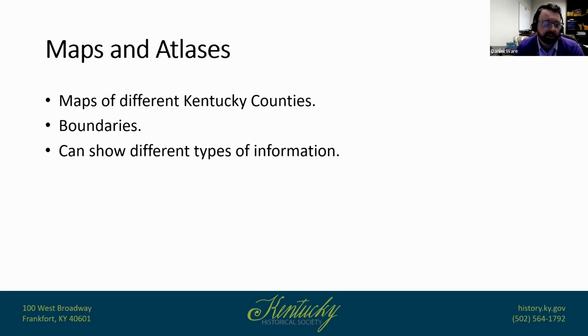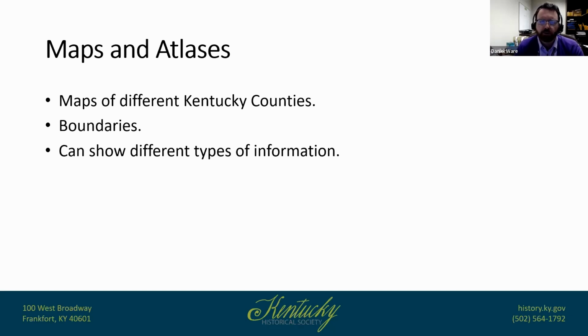And you can also find things such as, I think it's a Henry County and Shelby County atlas, and it will show some of the maps in there. I think it's from 1882. It'll show the homesteads of ancestors. So you could potentially see, my great uncle so-and-so had land or a home in this particular spot.